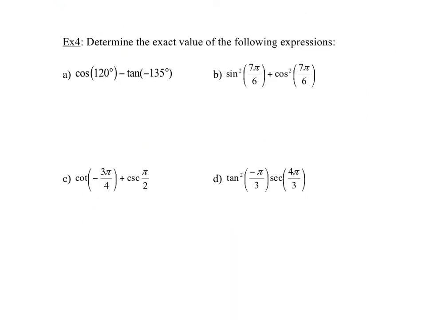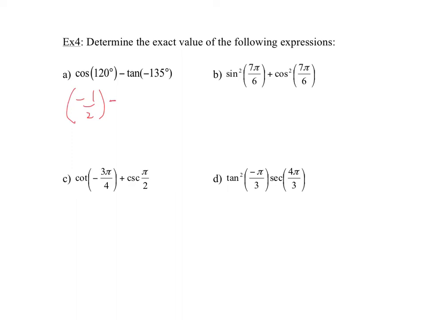Okay, so in this last example, all we're doing is the exact same thing, except that we are taking those values and adding them or subtracting them, or in this case multiplying them together. So again, have your unit circle handy to follow this, please. Cos of 120 degrees. 120 degrees is the same spot as 2 pi over 3, and the cos value there is -1/2.